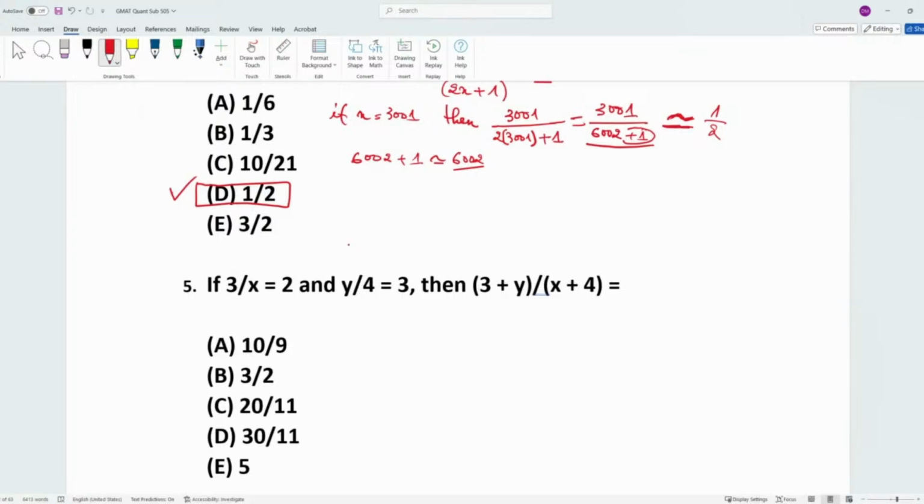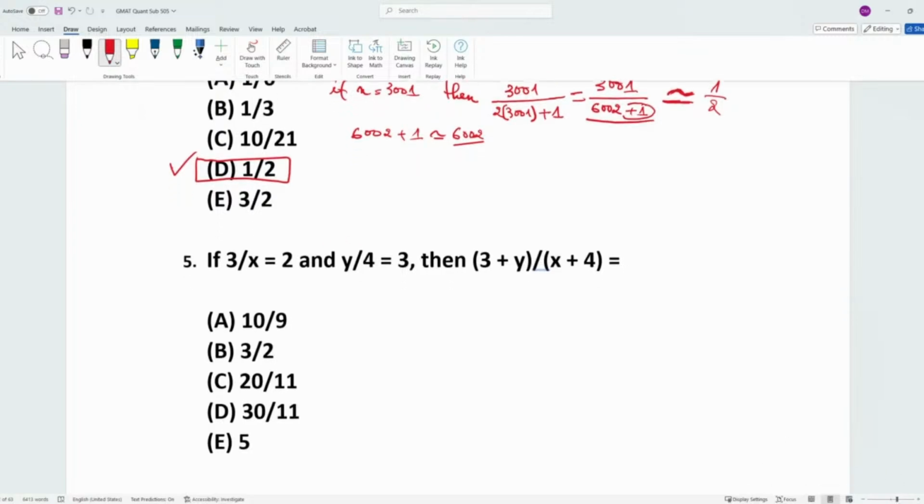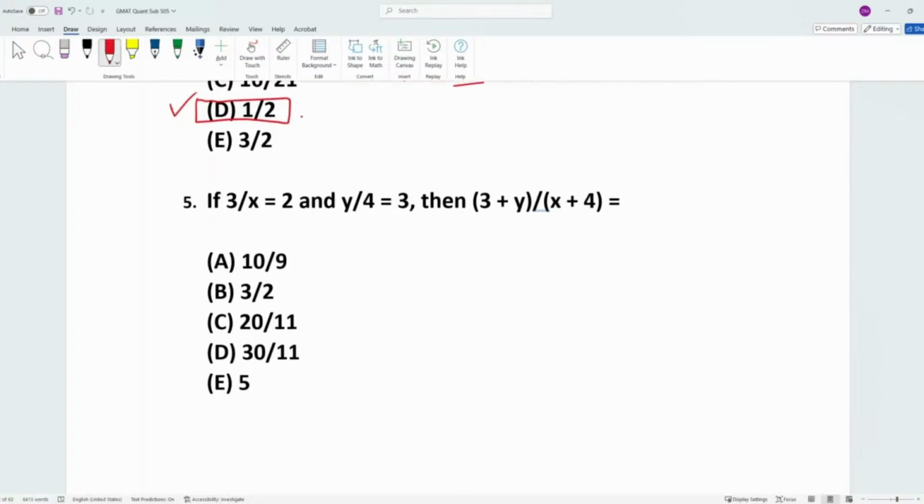Here it says, if 3 over x, let me just move it here.